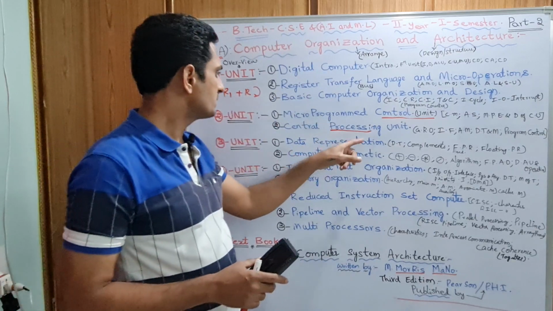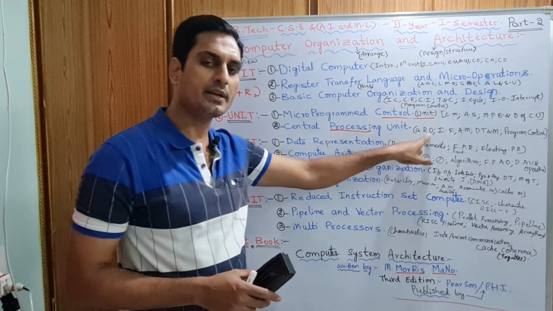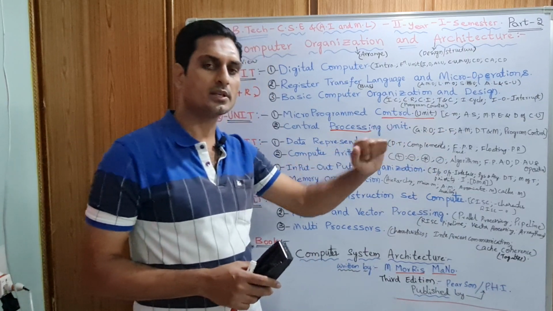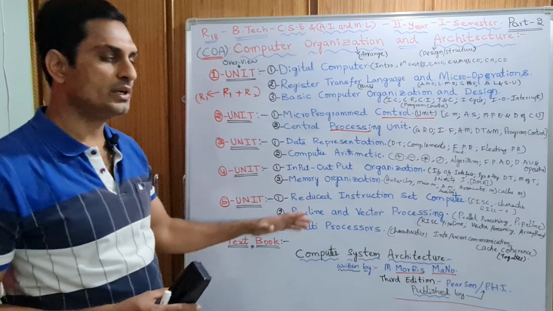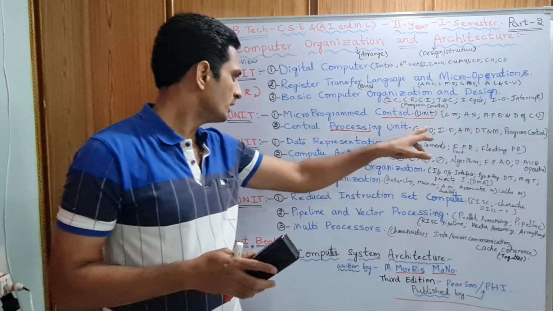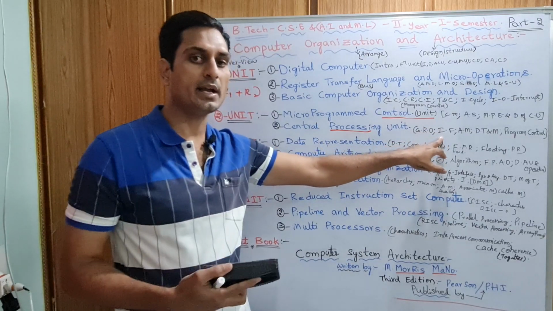Here we are going to discuss register organization. General register organization and instruction formats are subtopics, and I am giving the overview. Instruction format is the set of commands, the rules for how instructions will be stored inside the address.